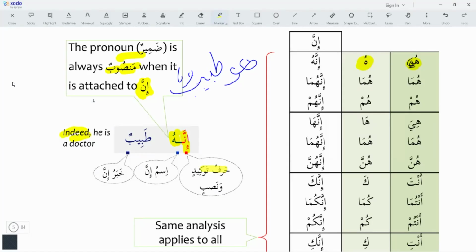Inna is harfu tawkid. Just now we learned, and it is also harfu nasab. And this hu damir is ismu inna. And this tabibun is khabru inna.